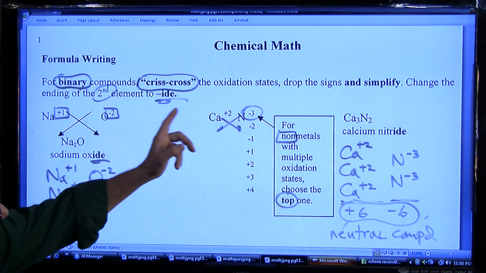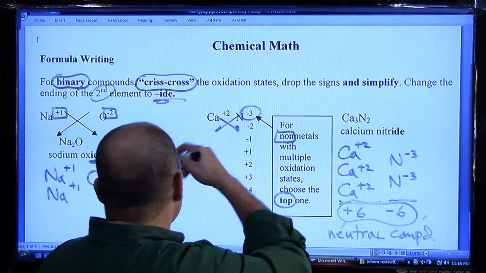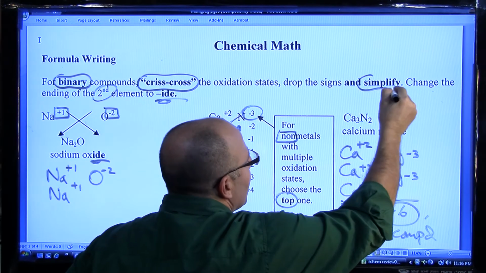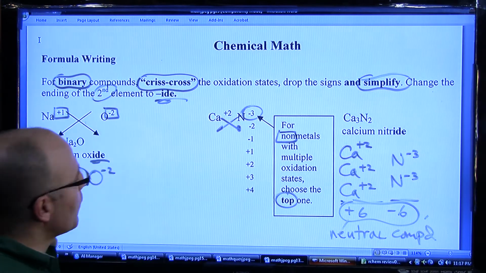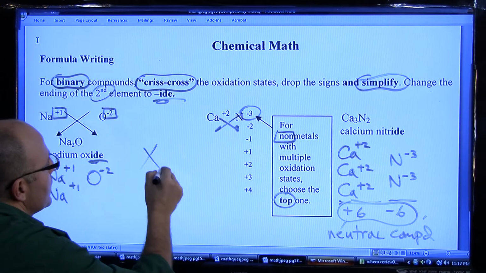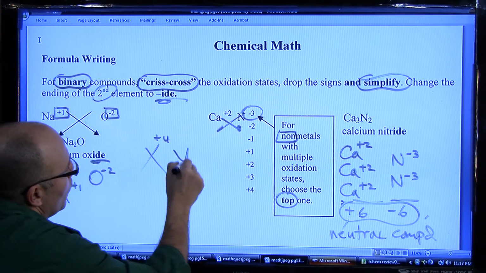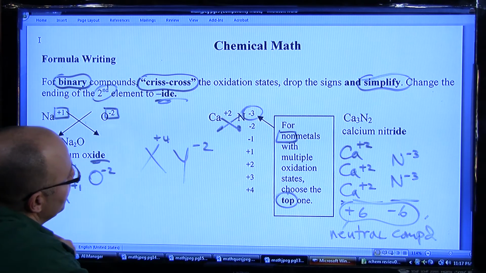All right. Again, I say crisscross, drop the signs, that is the positive and negative signs, and simplify. Sometimes you come up with a ratio that has to be simplified. For example, let's say you had X, which stands for any element, X +4 and Y -2.